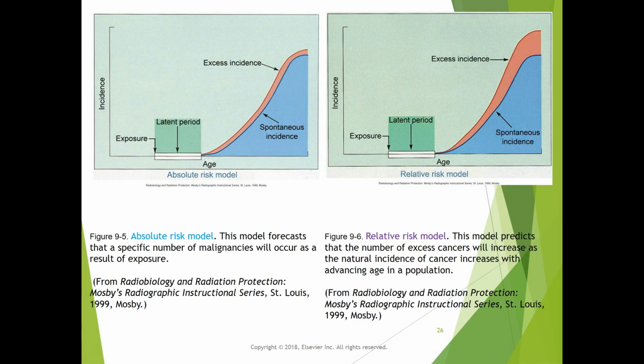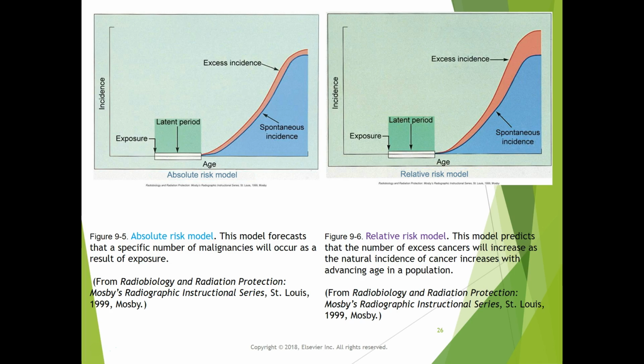Both of these have the blue area, which is spontaneous incidence. What that means is even if you've never had any type of ionizing radiation, the risk of you developing cancer is this blue area, period. No matter what, everybody's got the same risk, okay? And the risk increases as you age.